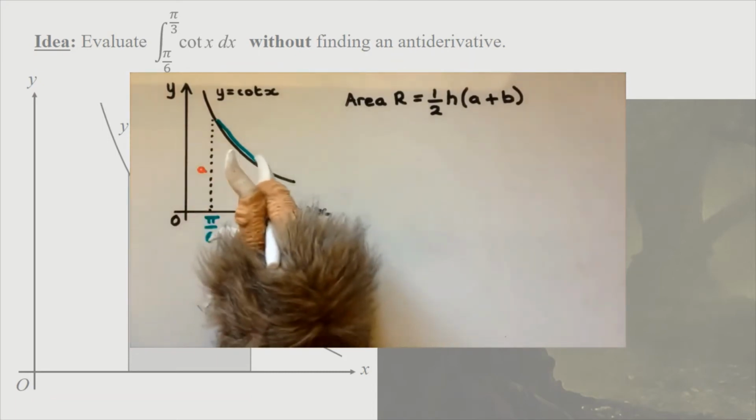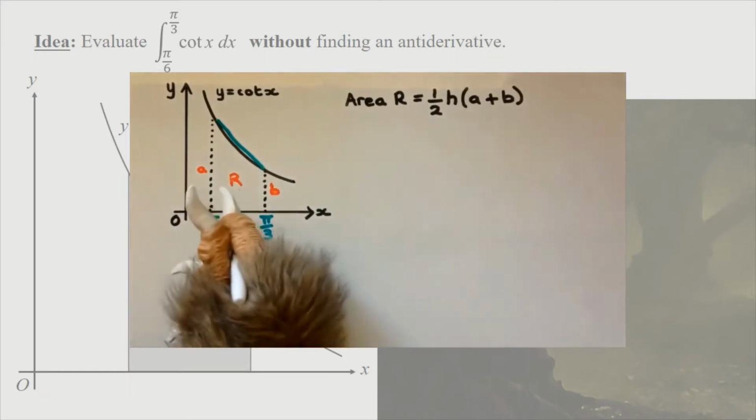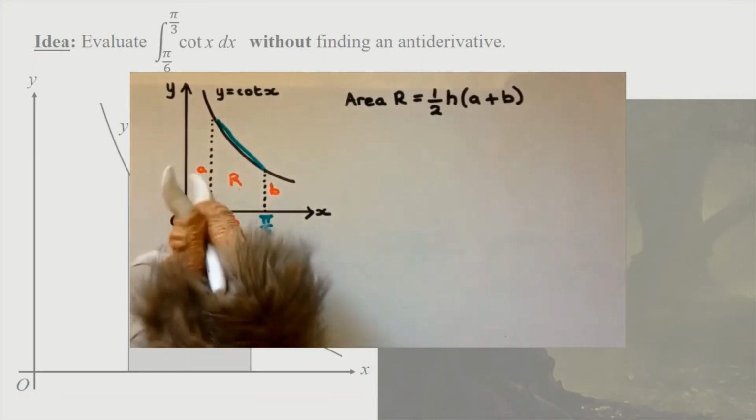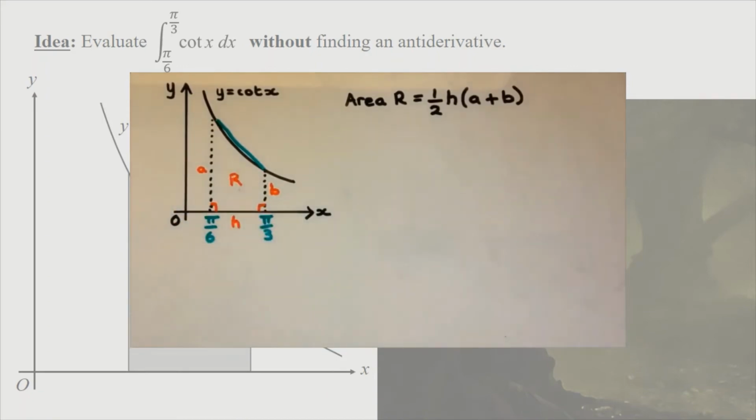So this could be a, this could be b. It doesn't matter which way you do it, of course. And h is the distance between the two parallel sides, and that distance has to be perpendicular. And we know it's perpendicular because x and y are at right angles to each other, so there's no problem there. So let's find out what h is first of all, and then we can sub everything into the formula.